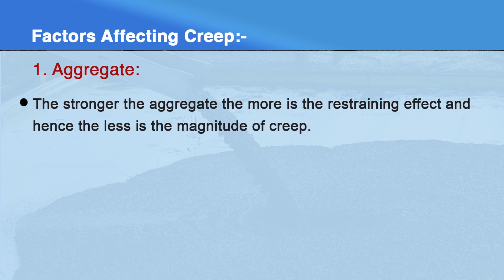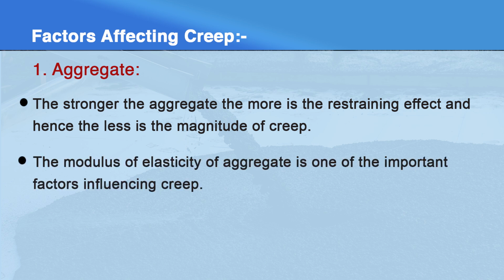The stronger the aggregate, the more is the restraining effect, and therefore, the magnitude of creep will be less. The modulus of elasticity of aggregate is one of the very important factors influencing creep.